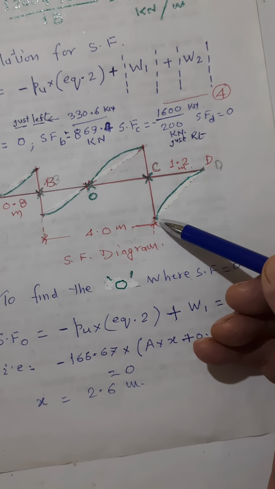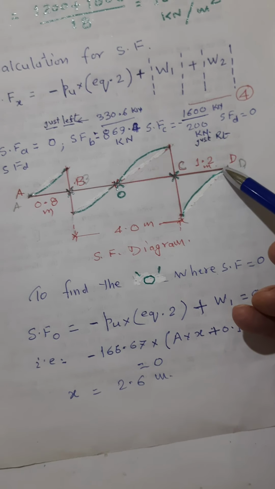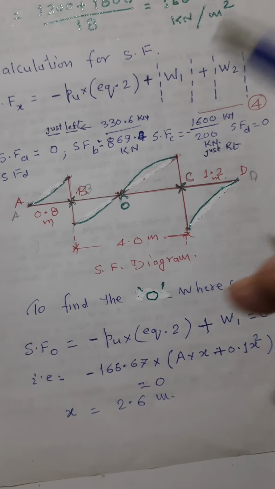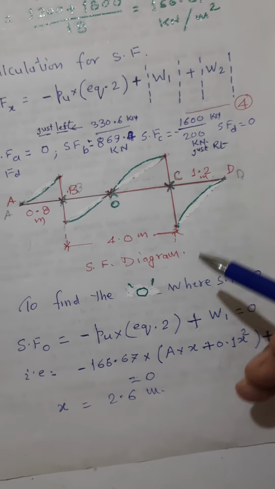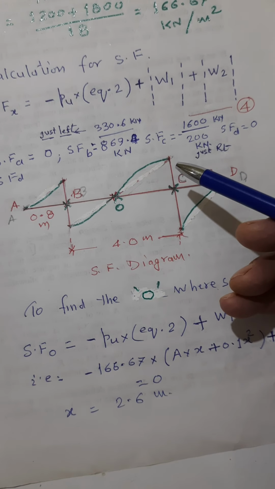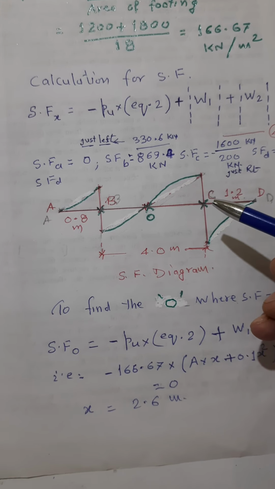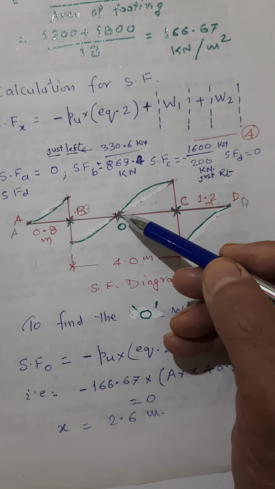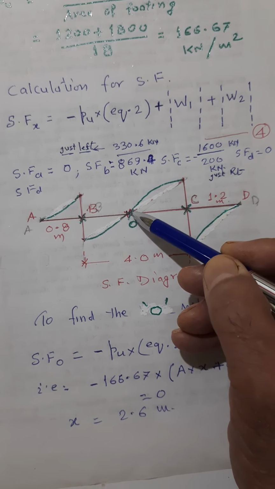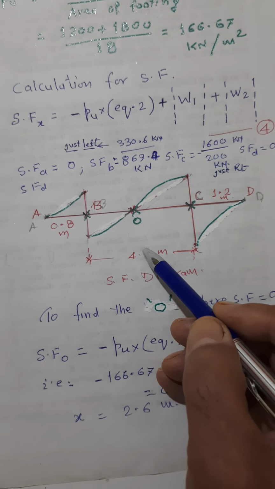Again a downward force of 1800 kilonewton, it reaches 0. Because it is a square term, that's why it is a curvilinear shape and not a straight line as we talk about in terms of a rectangular footing. So we'll have to find out this point also, where the shear force is 0. Find out first of all the point of x.